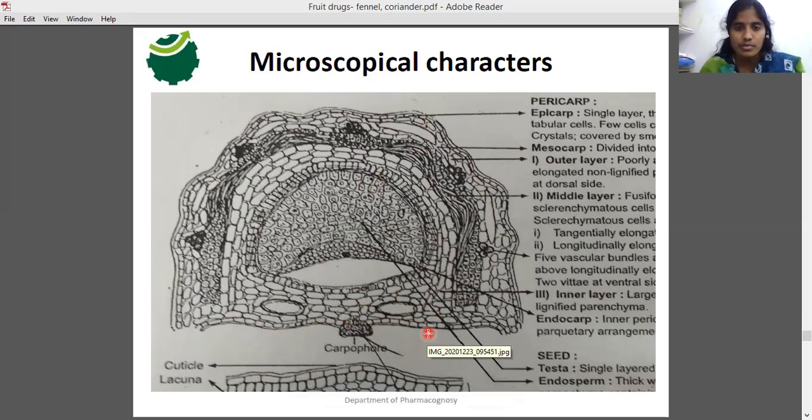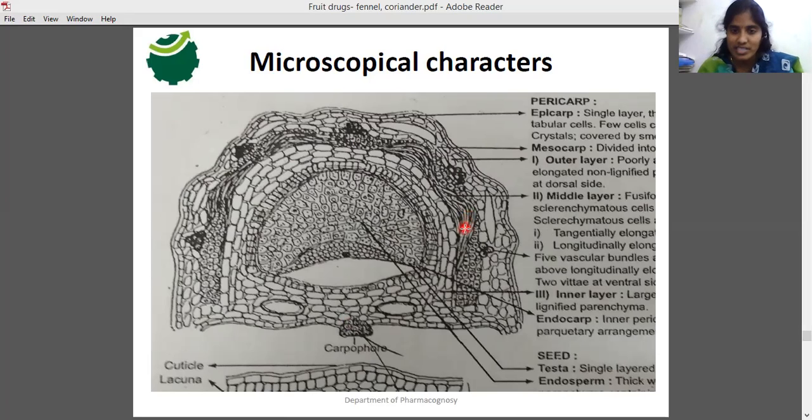One important thing here is the middle layer of the mesocarp. This middle layer of the mesocarp is made up of two types of sclerenchyma tissue. It is actually a sclerenchyma strip or sclerenchyma layer, but here it again has two types of sclerenchyma tissues.